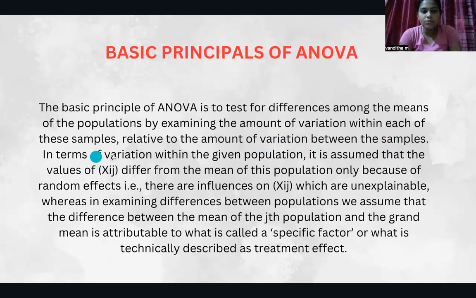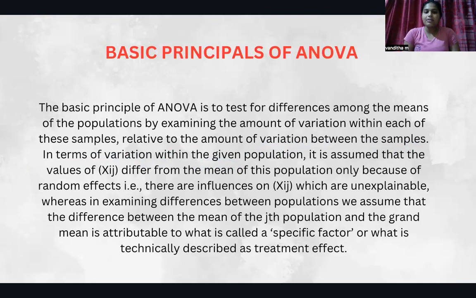In terms of variation within the given population, it is assumed that the value of x_ij differs from the mean of this population only because of random effects. The meaning of this is that there are influences on x_ij which are unexplainable.